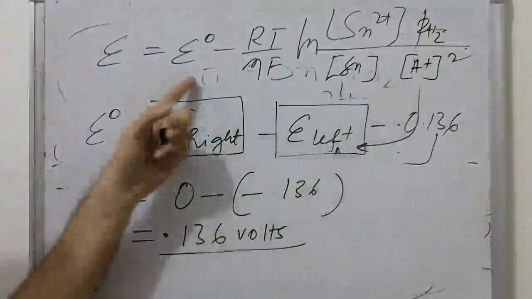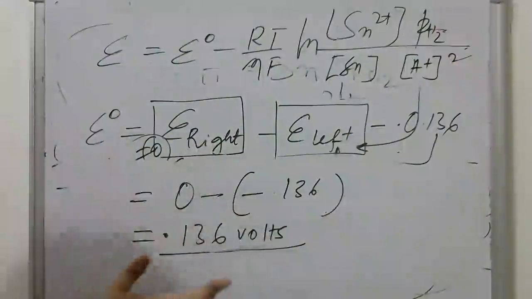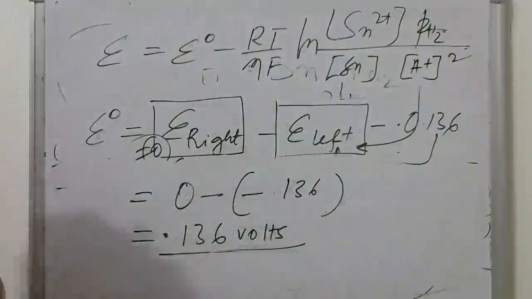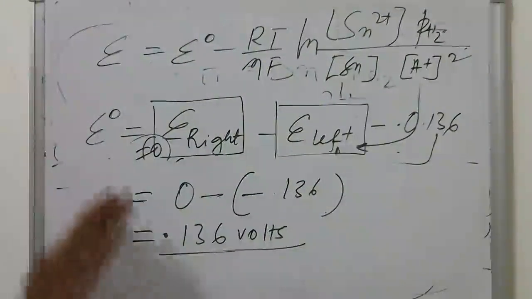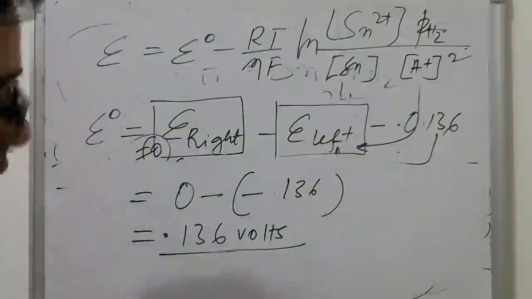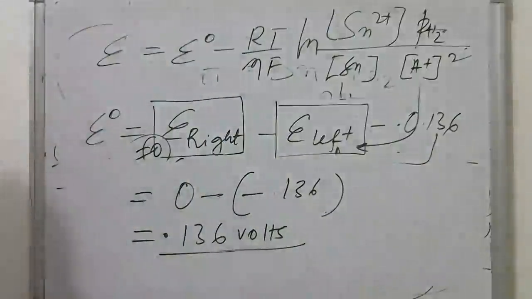So people who don't understand this concept will simply take this minus 0.136 value, plug it here, and they will get an absolutely wrong result. Please remember this. If you don't understand this, you will get a wrong result.